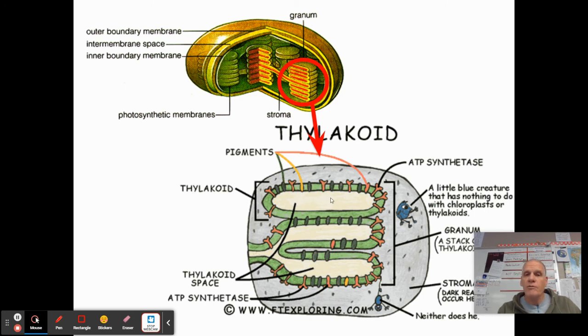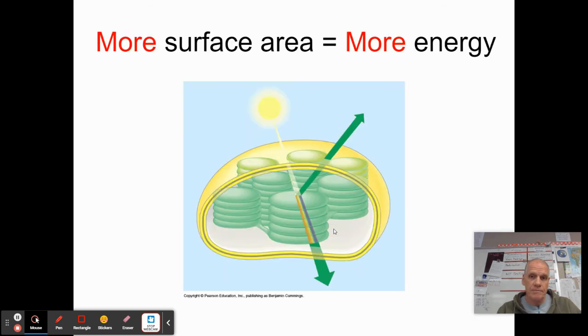We have to diffuse protons from a high concentration to a low concentration in the stroma. So the ATP synthase must have access to the stroma. So that's the reason why there's no ATP synthase right here, because there's no access to the stroma, because these thylakoids are stacked on top of each other. Okay, so that's just showing you how this is organized within the chloroplast.